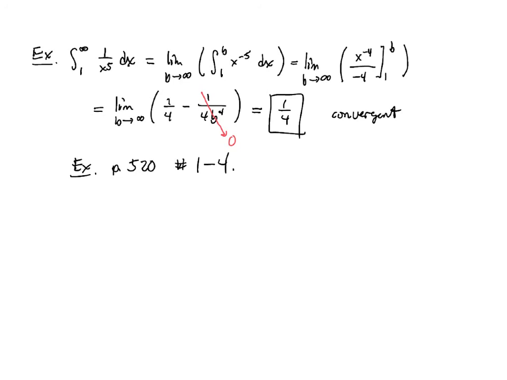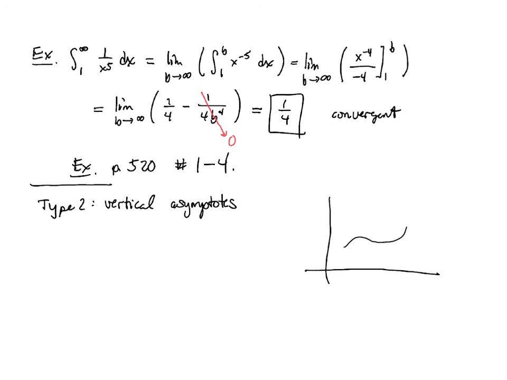Now, there's another type, right? The integrals at infinity are the type 1 improper integrals. The type 2 are the ones where we have vertical asymptotes. So graphically, if I'm looking at a function like this, I have a vertical asymptote here, and I'm interested in finding the area, say, from A to B, where my vertical asymptote is.